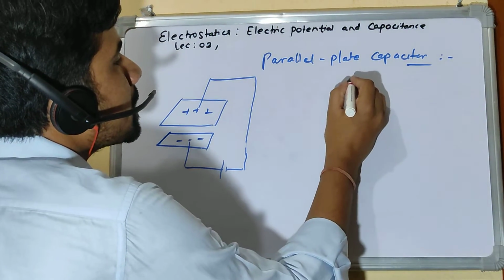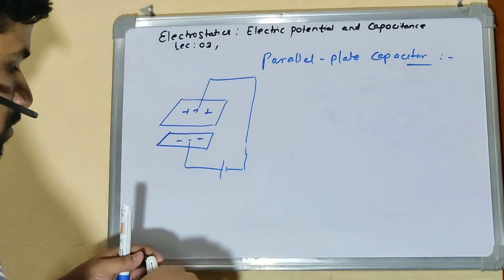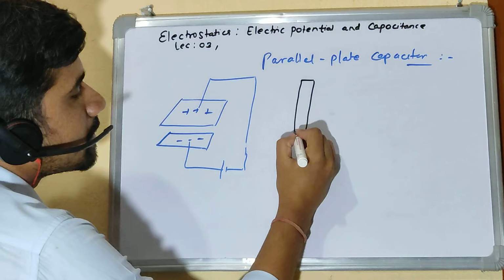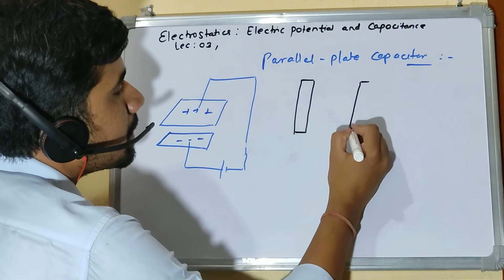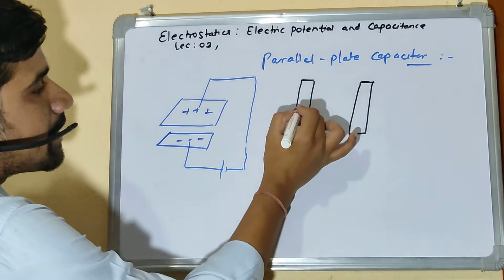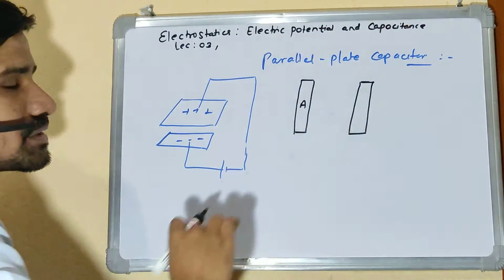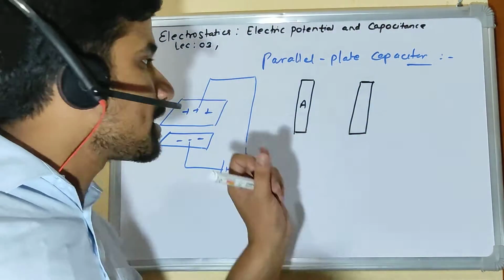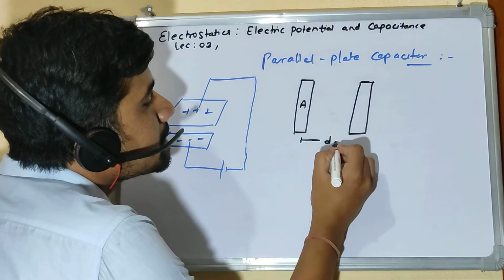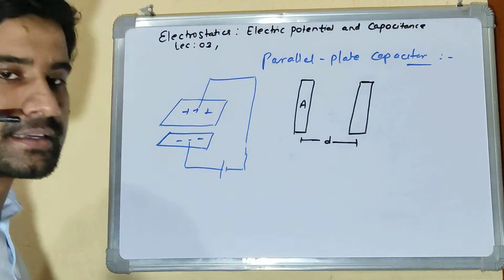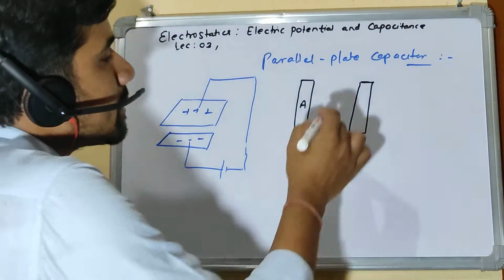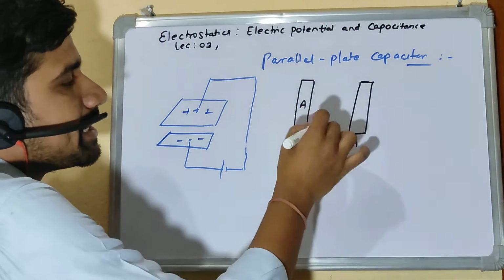So if I analytically draw it, there are two plates, right? Let's say this is one plate and this is another plate. These plates have area A, the cross sectional area. The distance between these plates is small d, and I'm assuming the medium as air.